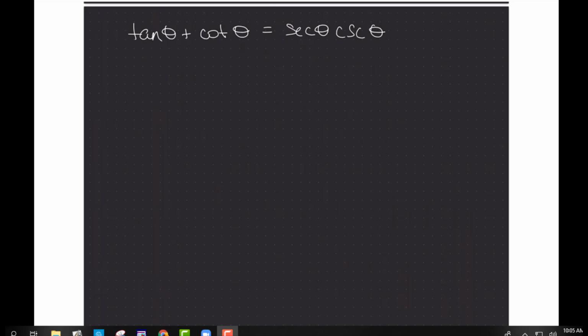All right. So what side are we going to play with? Our left side or our right side? Yeah, we're going to play with this left side. And we want to try to change these all into sines and cosines, right? So what do we want to do with tangent?